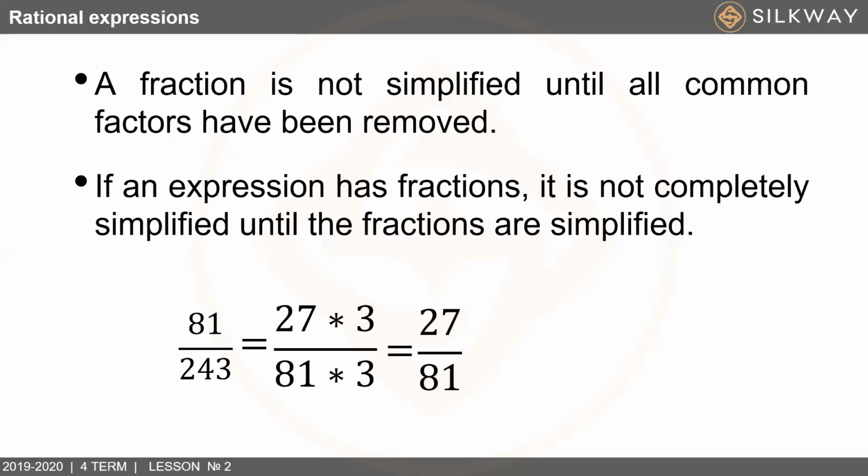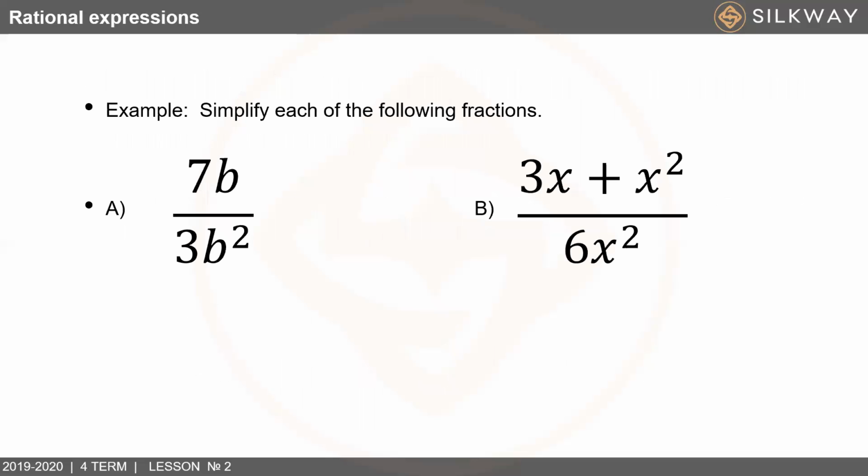So this fraction is not simplified because we have common factors. You have to simplify it till the end, till the numerator and denominator have no common factor. So this answer will be 1 over 3. If an expression has fractions, it's not completely simplified until the fractions are simplified.